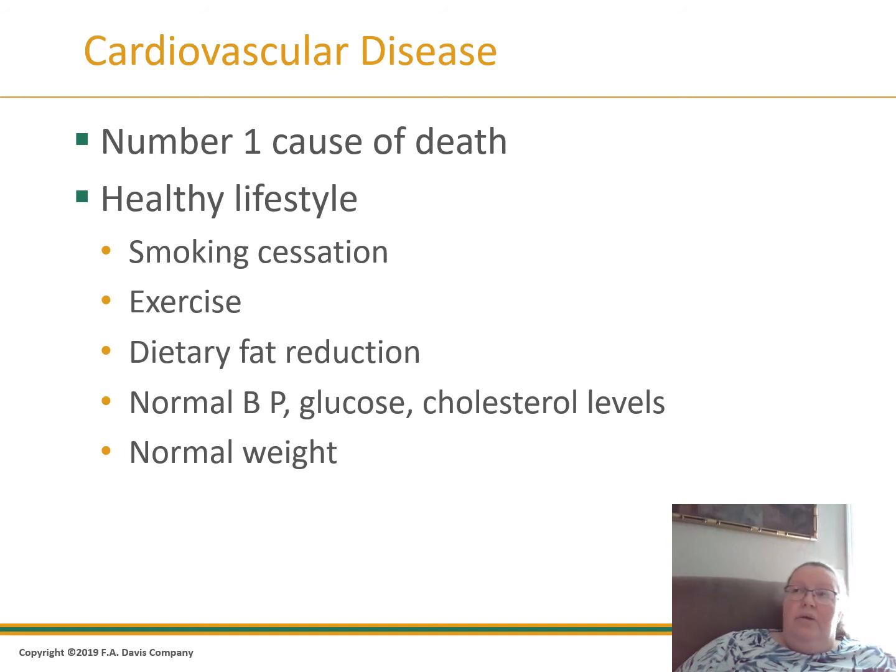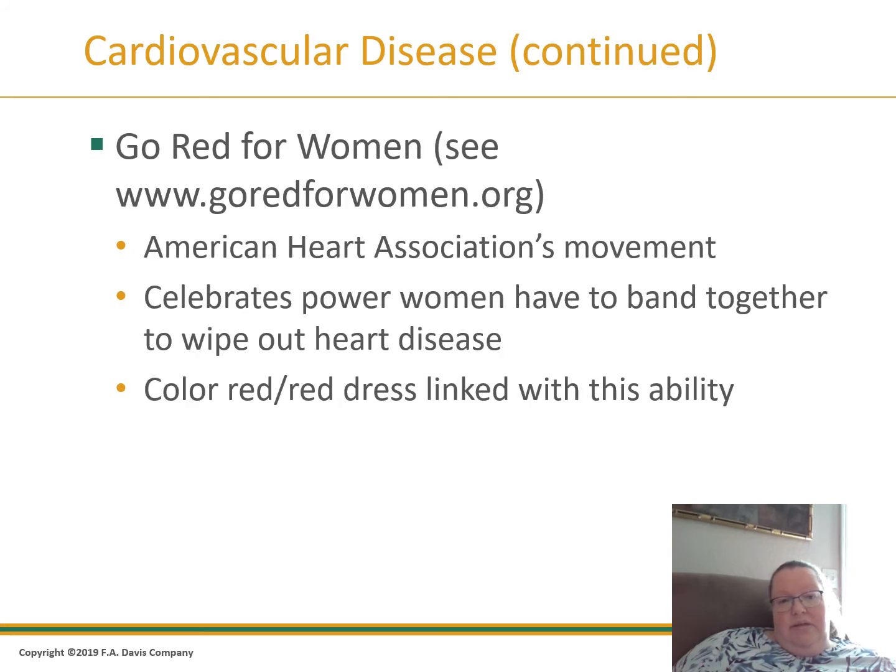So we try to counteract these effects by living a healthier lifestyle, no smoking, exercise regularly, decrease your fat in the diet, and normal blood pressure, glucose, and cholesterol levels, and normal weight are all going to help decrease your chances for cardiovascular disease. But remember, those are all things that we can help do. There are some things that you're just born with that you just can't alter.